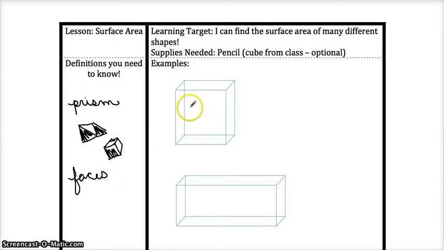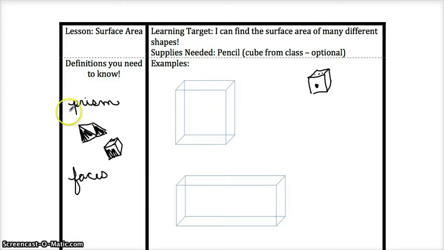So if you have a die and it has all the 6 numbers on it, the side with just the 1 dot, this whole flat part is called a face. Maybe on the top you'll have the 3 dots. That's another face of a prism. So all prisms have faces. A face is just the flat part of the prism.